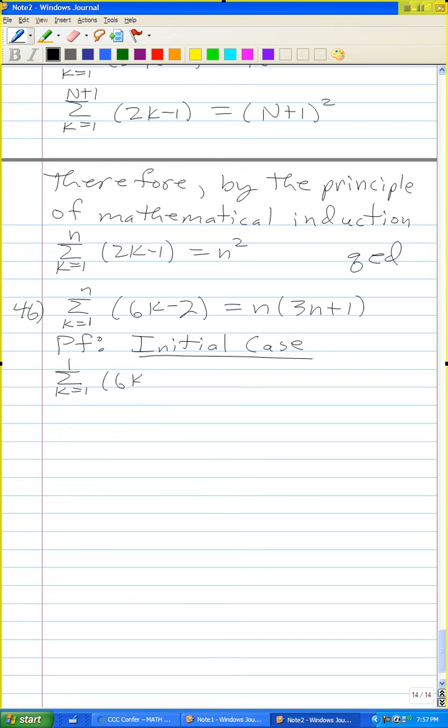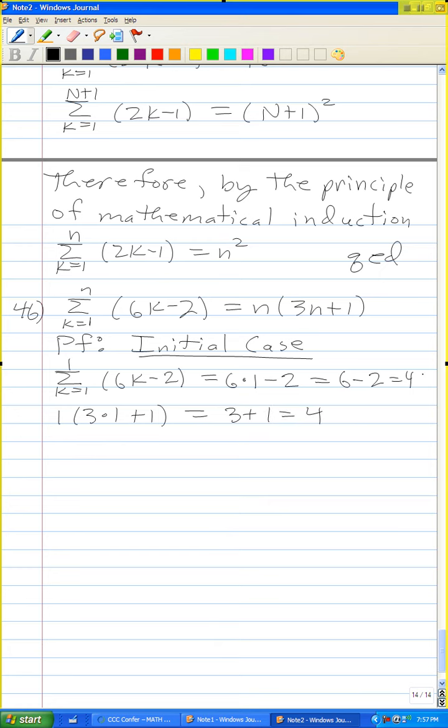Well, 6k minus 2, so we replace k by 1. And since n here just ends at 1, there's only one term to add up. So 6 minus 2 is 4. And let's look at n times 3n plus 1 when n is equal to 1. Well, 3 times 1 is 3, plus 1 is 4.